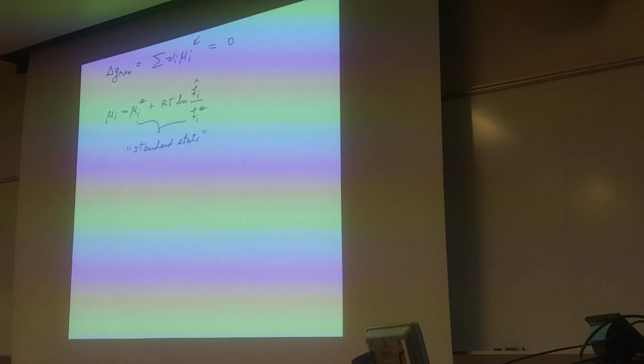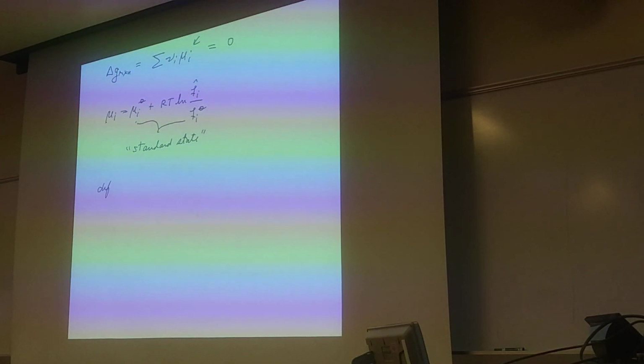So we have to define what we mean by a standard state. And once we do that, then I can reckon the chemical potential relative to the chemical potential that exists in that standard state. For now, I'm going to stick with this symbol for a standard state. Eventually, we'll turn that into just a little circle, because it's going to turn out that the standard states refer to pure components. But for now, let's just leave it as the standard state quantity.